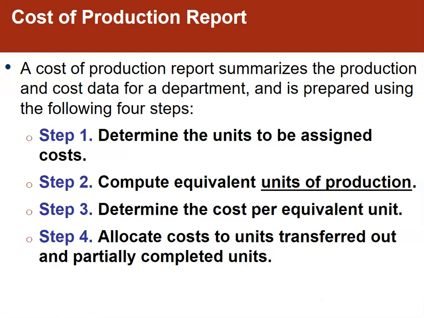Okay, so in process costing systems, we mentioned in the first video that there's a whole lot of stuff to keep track of, right? We basically start with our materials, and then we could have any number of departments in a process.